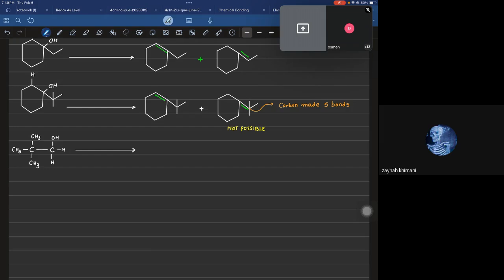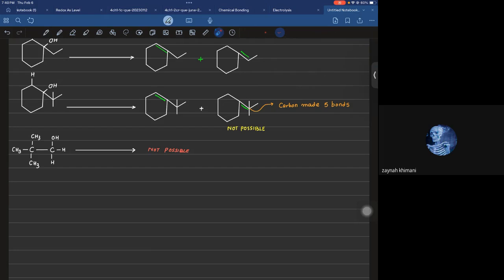Sir, I don't think it's possible because the valency of the other carbon is fulfilled. Yes, dehydration is not possible for this क्योंकि on the adjacent carbon there is no hydrogen.